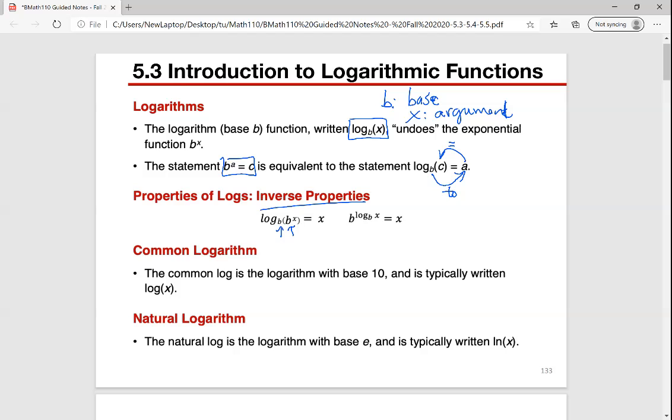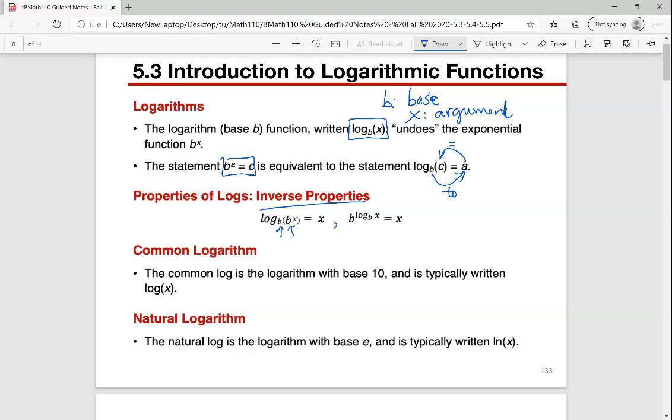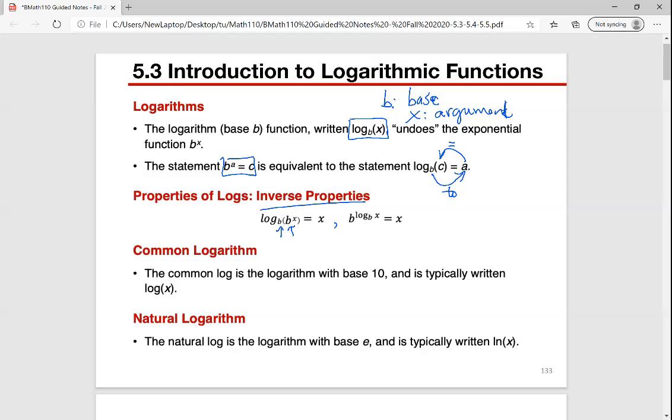In another way, for the inverse property, you can also have b to the power log base b of x, and that also will be equal to x. The base b can cancel with the base of the log, so they cancel each other.